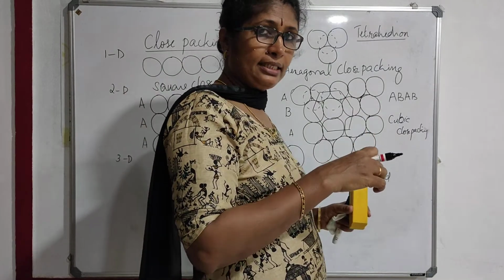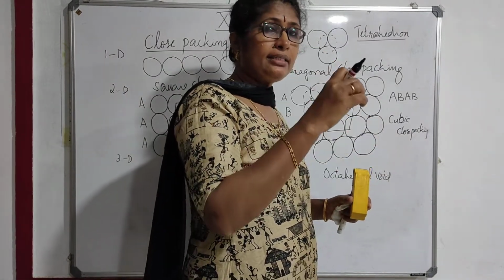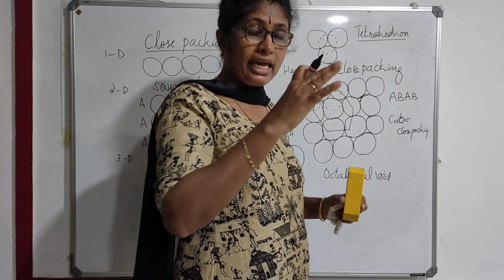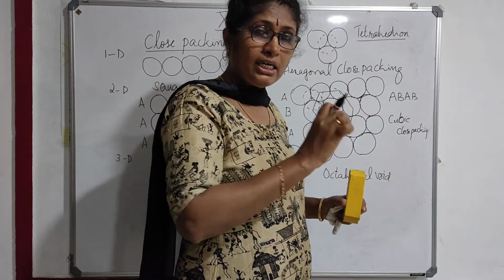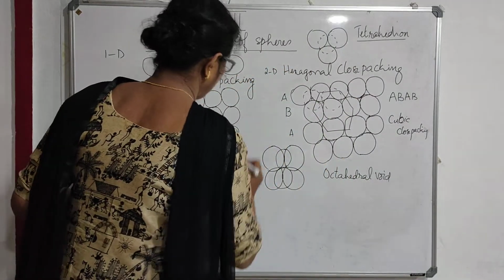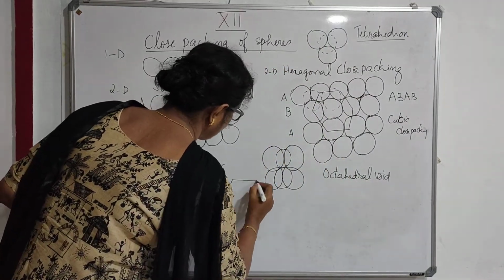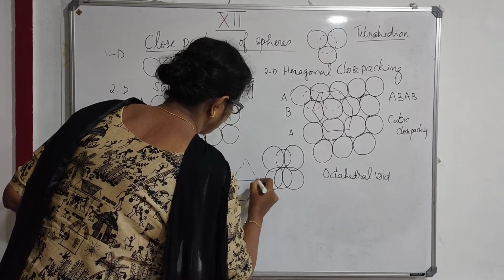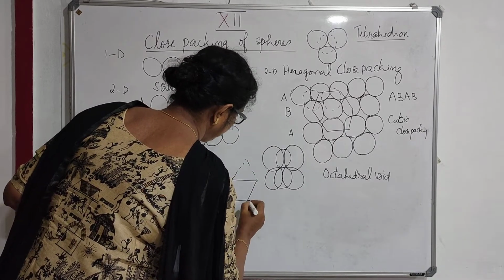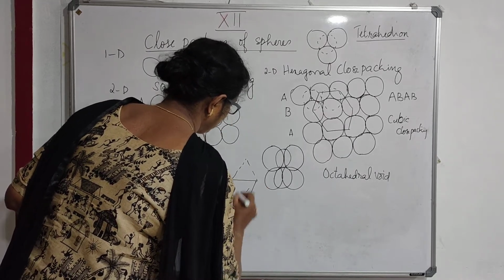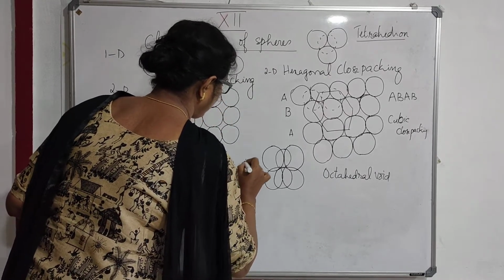Octa means 8, but 8 corners will be there. Sorry, 8 sides will be there. The corners will be only 6. We have studied last year. This is an octahedron. Like this it comes. An octahedron.